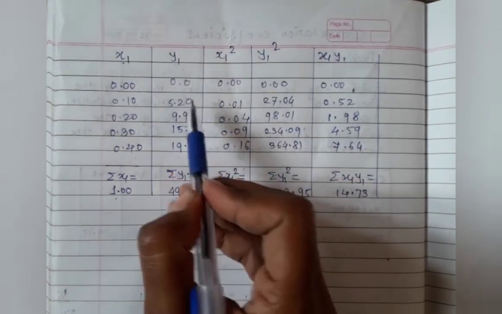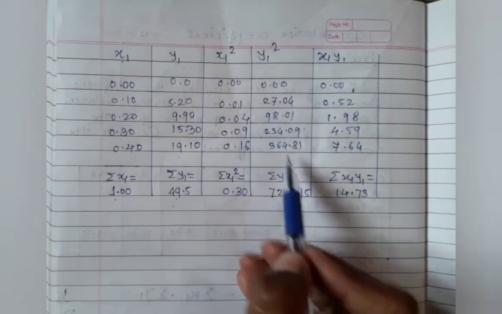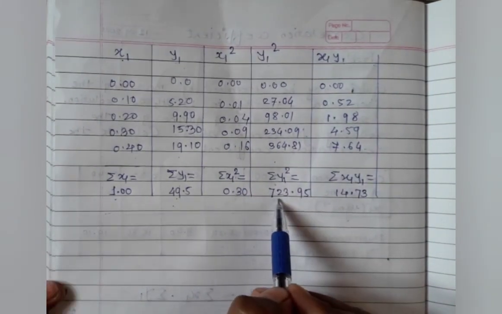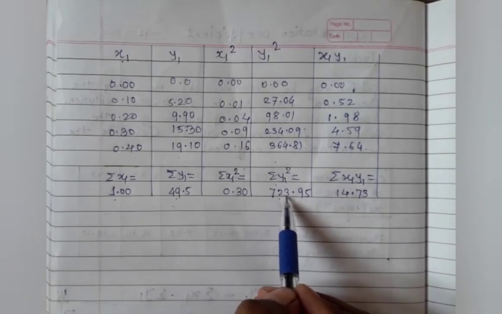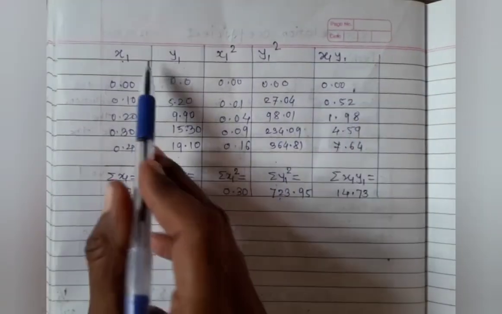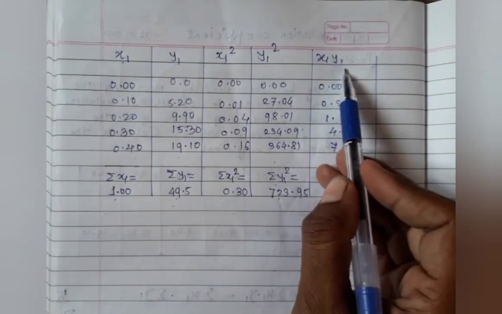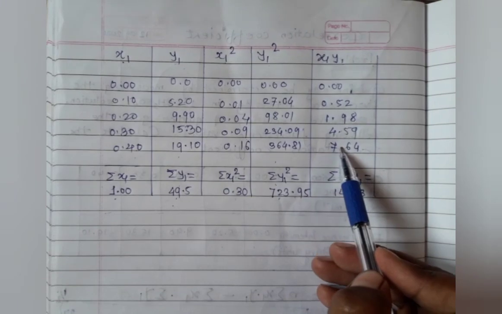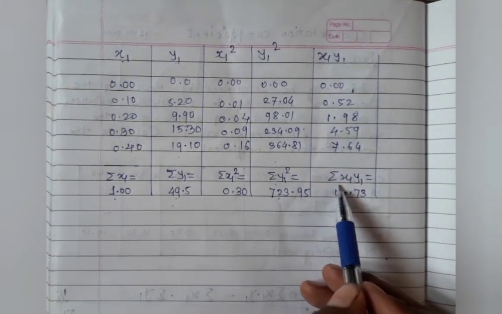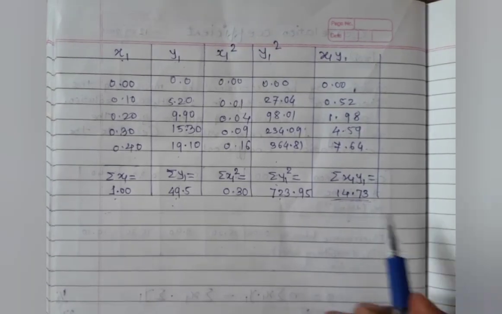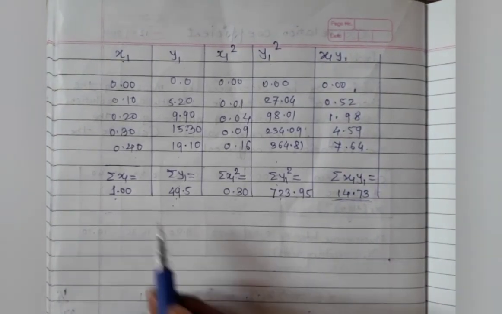Just square all the values written here. After adding all these values, we will get summation of y1 square and its value is 723.95. Here just multiplication of these two columns x1 y1. After multiplying these values, here is the summation of x1 y1 values. This will be 14.73. We have all the values.